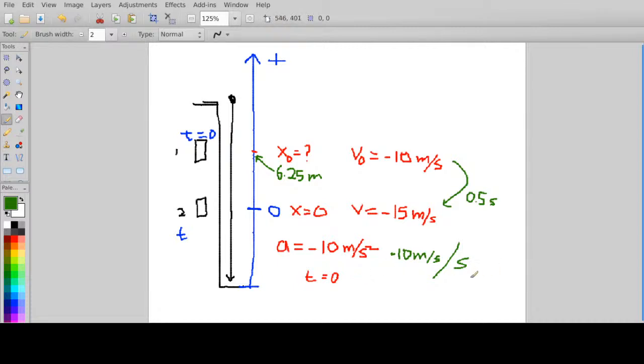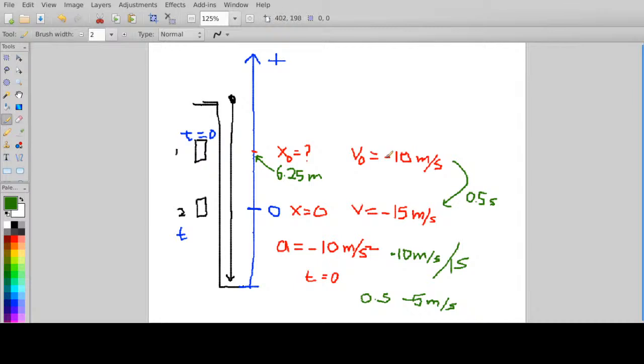Now that's in 1 second, right? What if you only waited half a second? Well, you don't have enough time to build up to the full 10 meters per second extra. So in half a second, you'd expect the velocity to increase by 5 meters per second downwards. And that's exactly what you're seeing here.